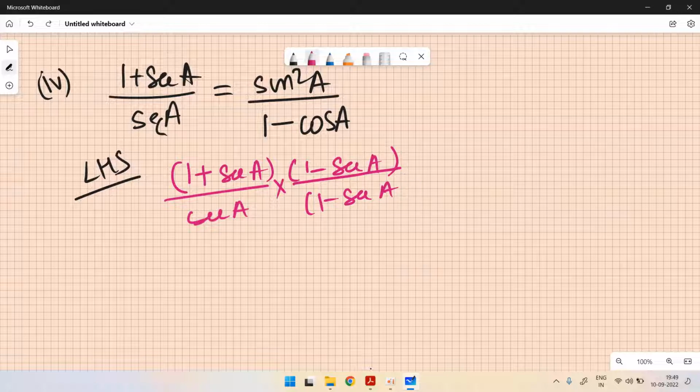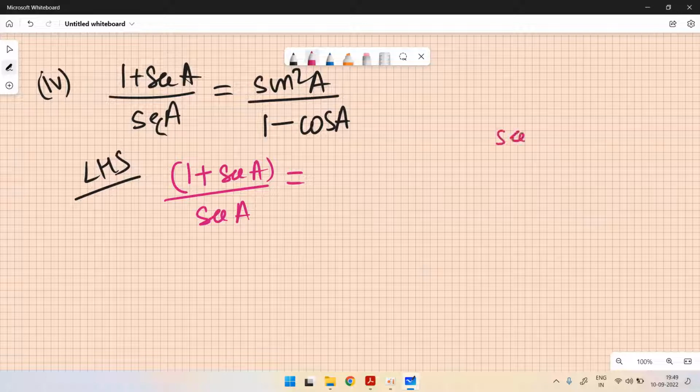Well, you can do one more thing: you need to make it in terms of cos. So you do this secant A. You know that secant A is nothing but 1 by cos A, which you already know.